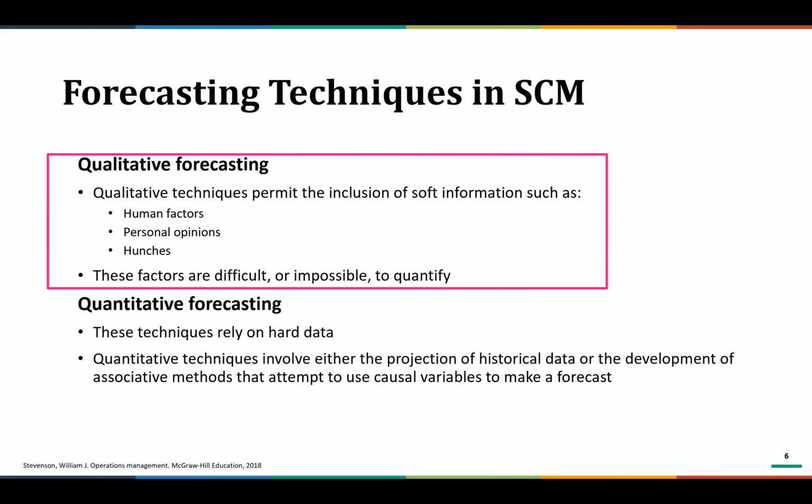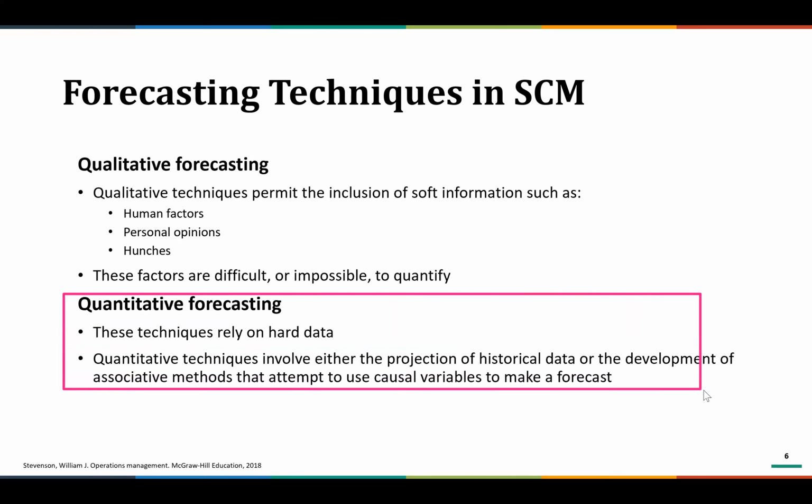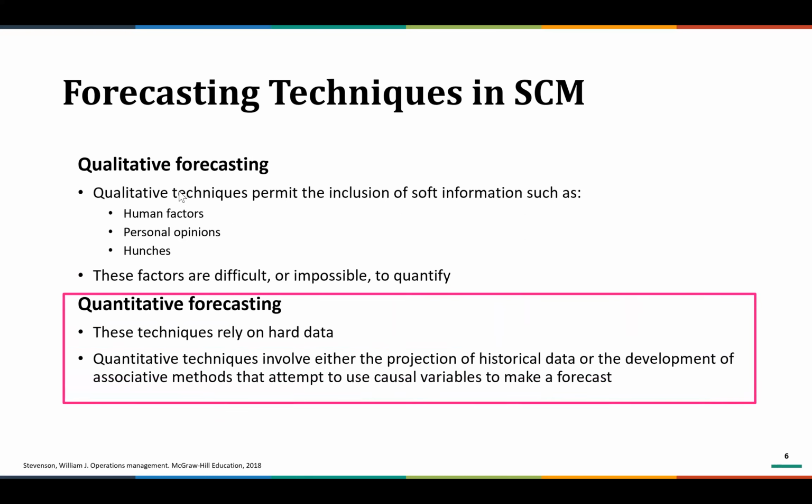Okay, and for more tactical and operational decisions in which you have shorter forecasting horizons, quantitative forecasting techniques will be more efficient because they rely much more on hard data. Let's say if you are going to forecast next month's demand, you are trying to utilize the past month and the data from 2 or 3 months ago.